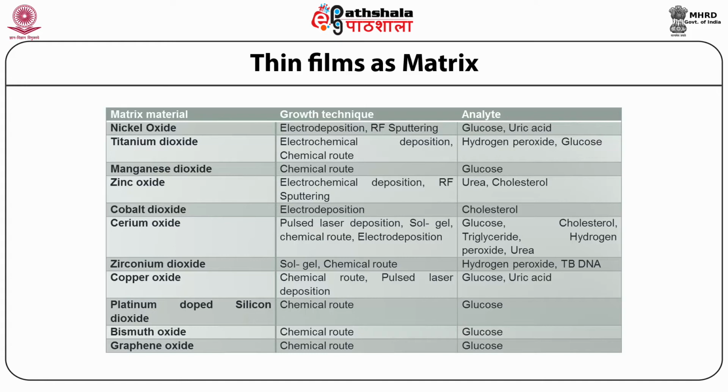Then there is copper oxide. Growth technique is chemical route and pulsed laser deposition, and the analyte used is glucose, uric acid. Other examples being manganese oxide, titanium dioxide, cerium oxide, zirconium dioxide, platinum doped silicon dioxide, and graphene oxide.